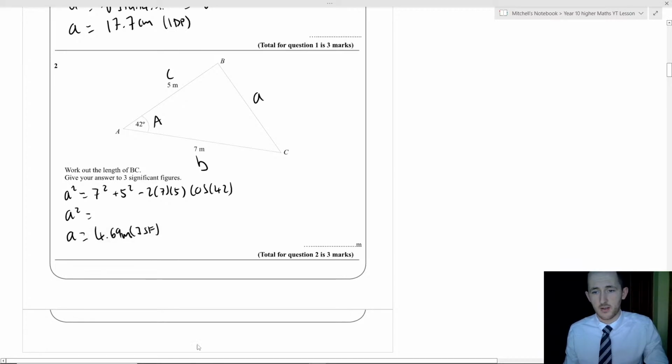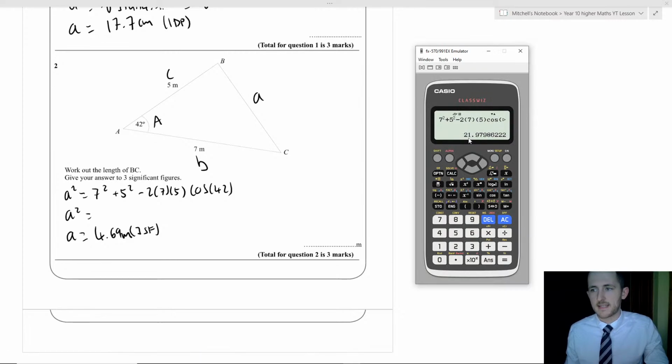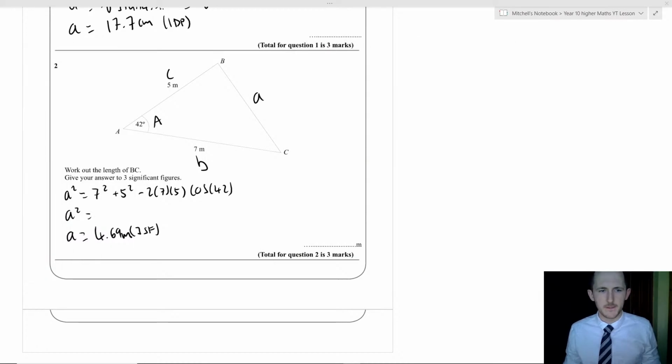So to prove my point, if I was a student, I'd probably write 21.9. So if I write the square root of 21.9, I actually don't know if this will be slightly different. Ah, there we are. So to 3 significant figures, I get 4.68 instead of 4.69. Normally it doesn't matter, but again, it's just showing you that the answer is technically slightly different because you're rounding.